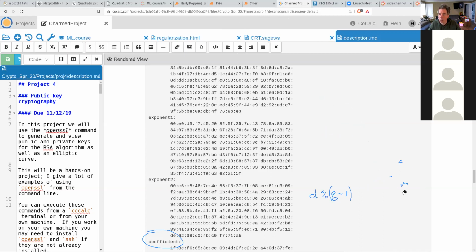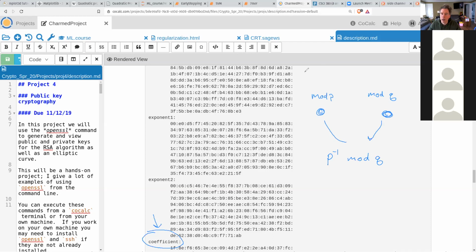But the meaning of that coefficient is, when you go from mod p world and mod q world, you'll have some answer for the exponentiation mod p, and you'll have some answer for the exponentiation mod q, and you want to put them back together. The formula that puts them back together requires you to know p inverse mod q. And that is the coefficient.